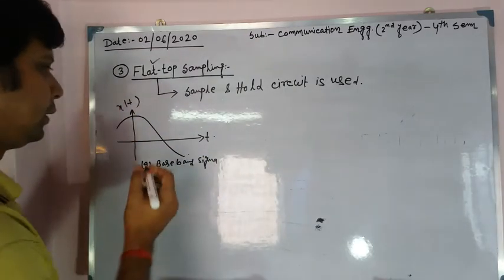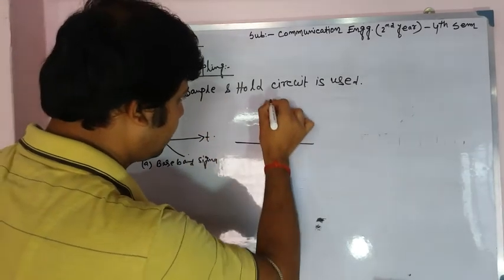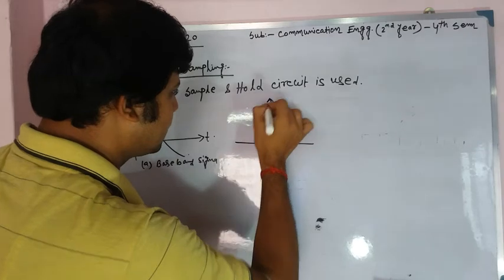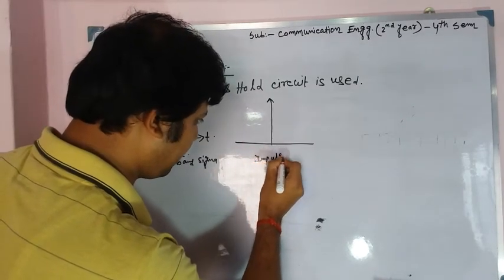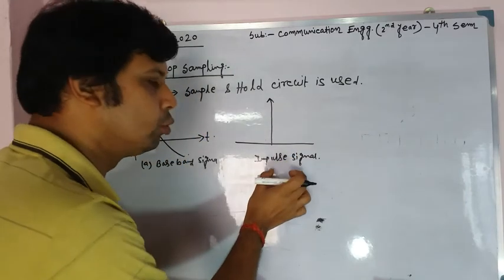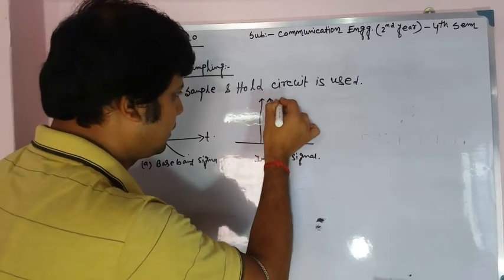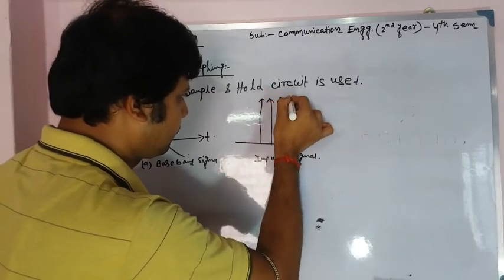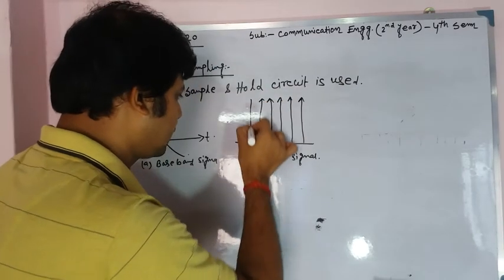And here also an impulse signal is used, which is used for instantaneous sampling. This is the impulse signal.